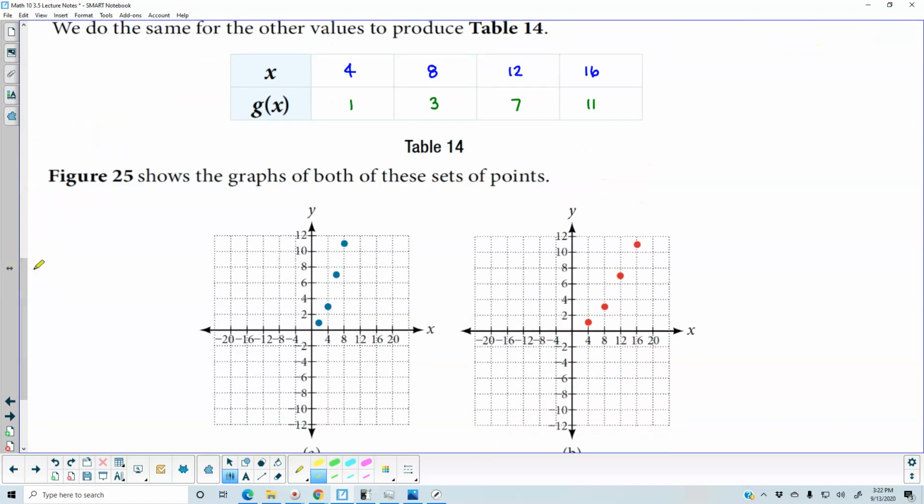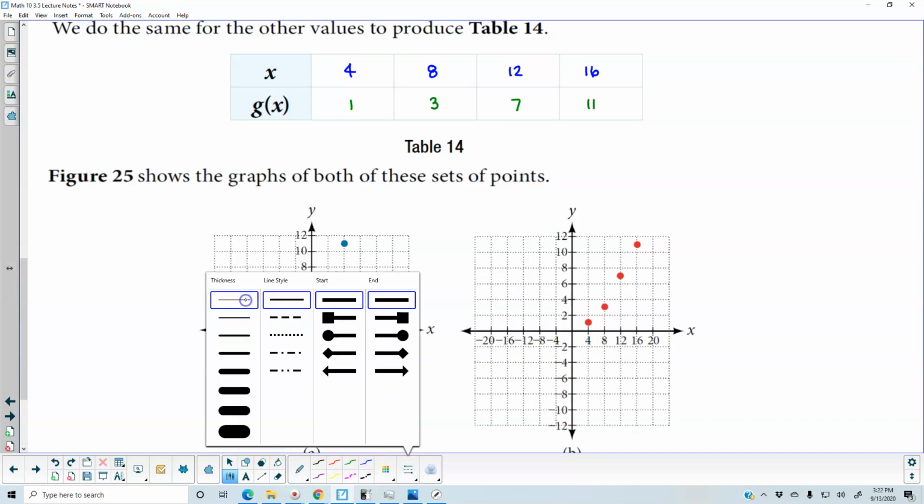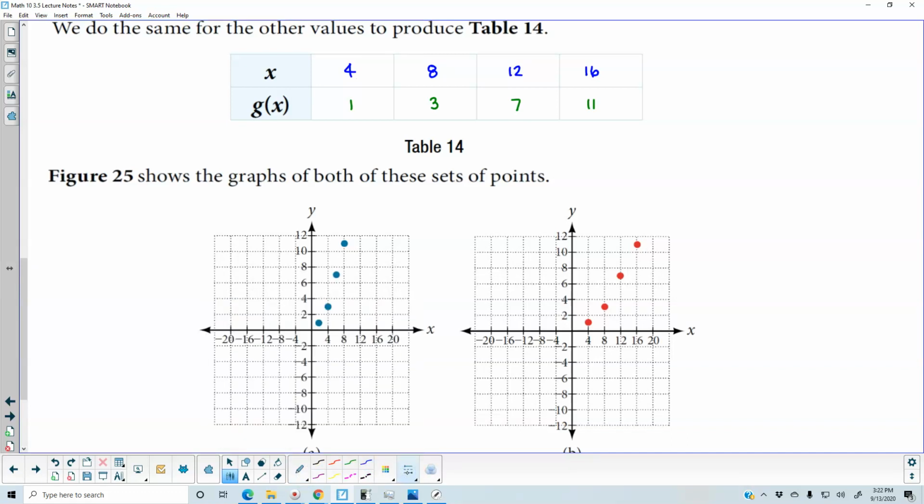So let's take a look at our original ordered pairs. Our original ordered pair here was 2, and then 1. Our original ordered pair here was 4, and then 3.